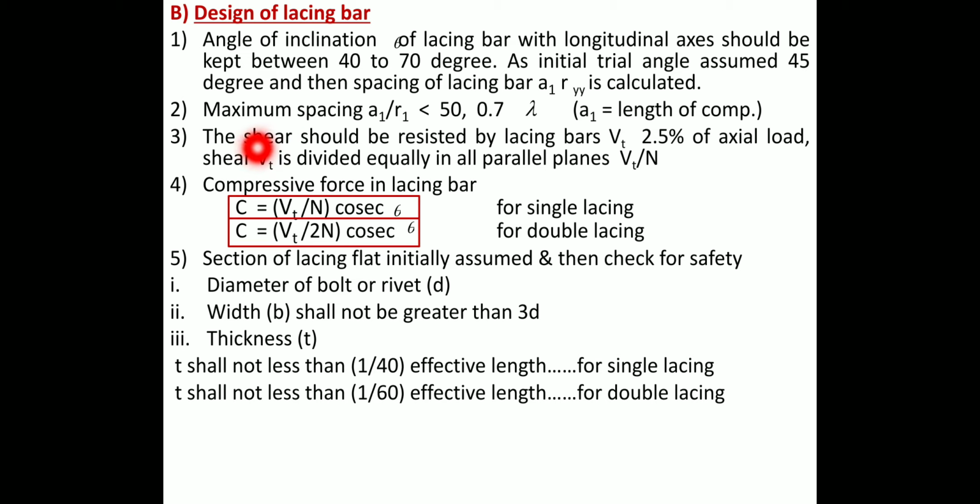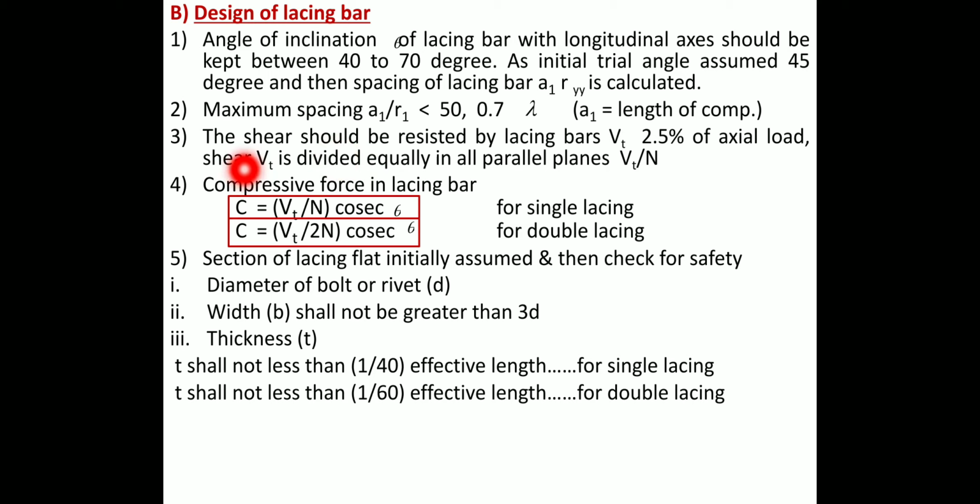Then the second point under the design of lacing bar, maximum spacing: the ratio a1 divided by r1 should be less than 50, and as the second criterion, 0.7 times the slenderness ratio, lambda. Here a1 is the length of component in the lacing bar system.